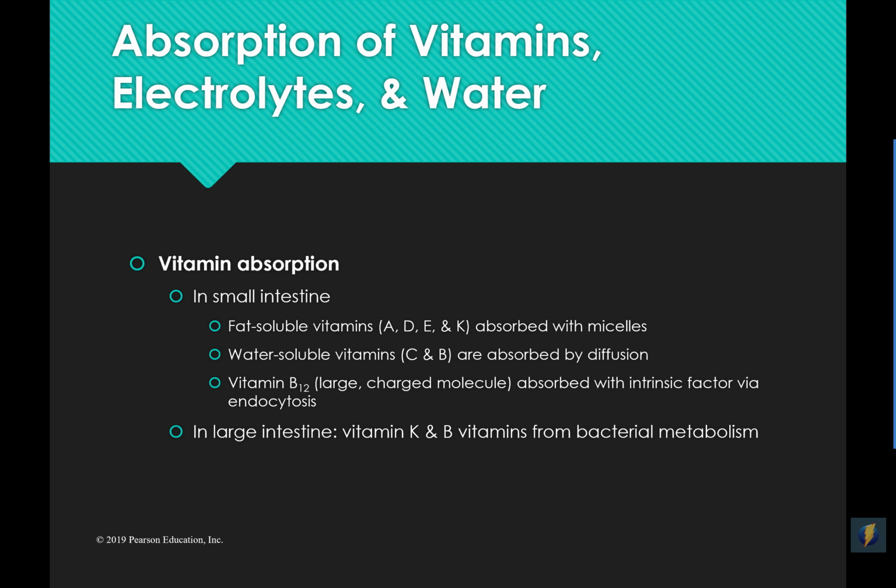So again, that's that thing from your stomach that only your stomach does. And then primarily in terms of vitamin absorption in the large intestine, it's really mostly just whatever B and K vitamins that your bacterial flora happen to make.